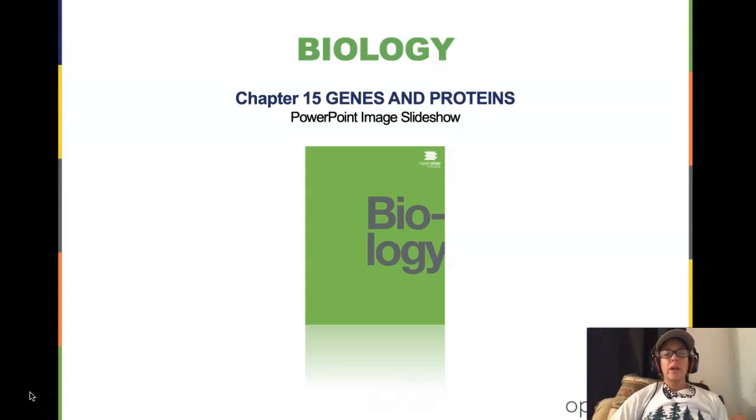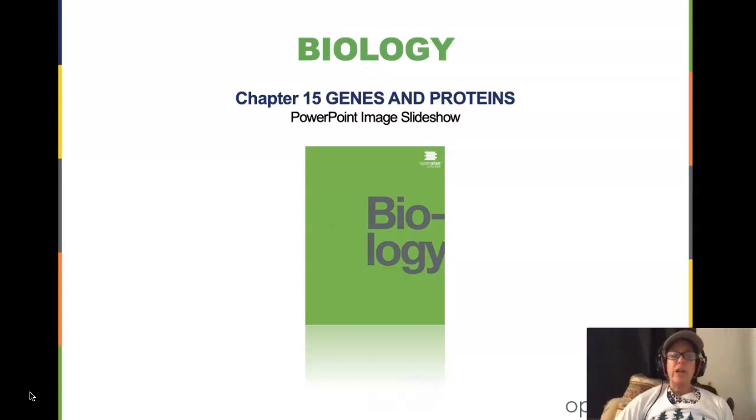Welcome to Chapter 15, talking about genes and proteins. And that means we're going to be talking about how a cell gets from the information that is held in the DNA. It will go through the intermediate of RNA to finally get to the protein, that flow of genetic information in cells.